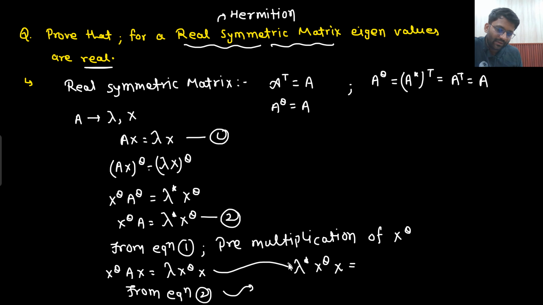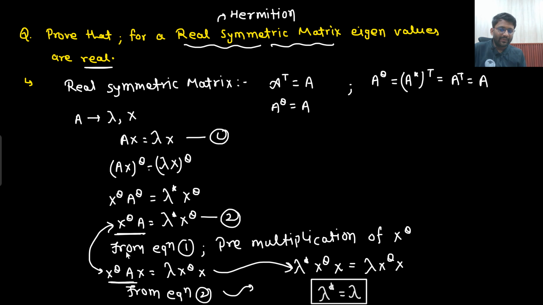Basically this we are replacing. So lambda conjugate x conjugate x is equivalent to lambda x conjugate x. From this expression what can you tell? That lambda conjugate is coming out to be lambda only. There you go.